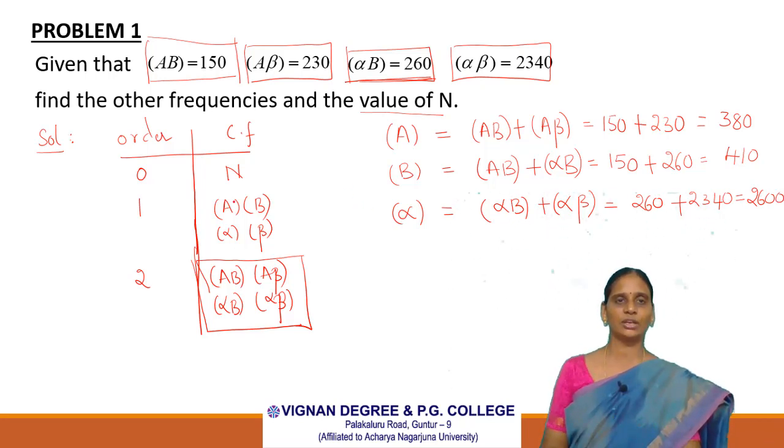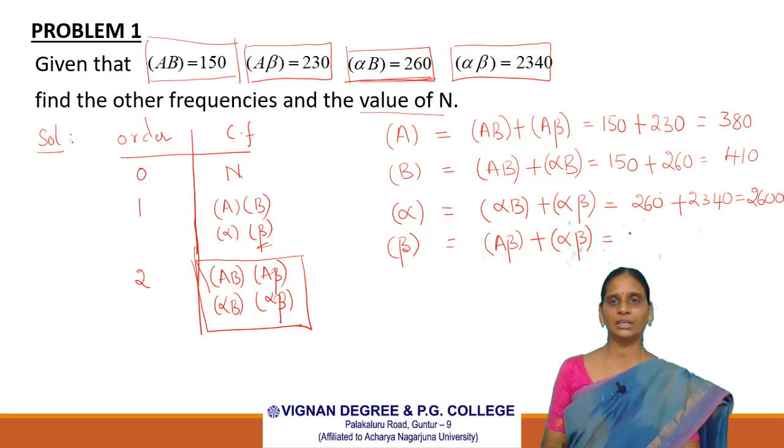And the first order's last frequency is frequency of beta. Frequency of beta is equal to the sum of two class frequencies, that is frequency of A beta plus frequency of alpha beta.